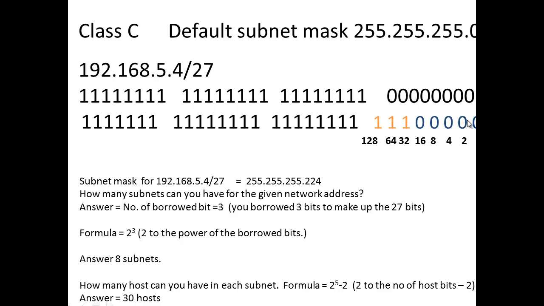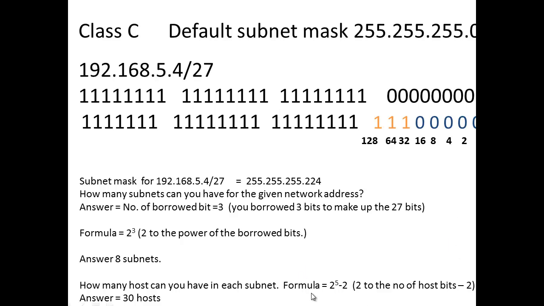To find out the number of hosts a network can carry for one subnet, you have to use a formula also. And the formula would be 2 to the number of host bits minus 2. And I'll explain to you later why we have to minus the 2.